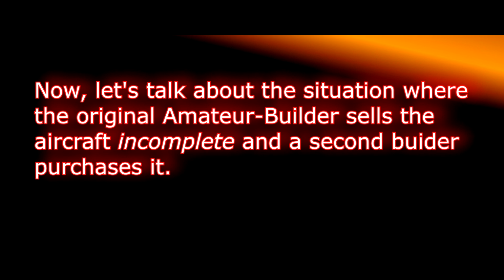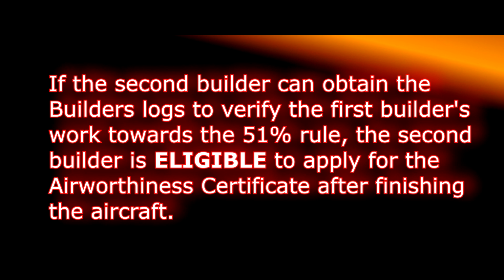Now let's talk about the situation where the original amateur builder sells the aircraft incomplete and a second builder purchases it. If the second builder can obtain the builder's logs to verify the first builder's work towards the 51% rule, the second builder is eligible to apply for the airworthiness certificate after finishing the aircraft.